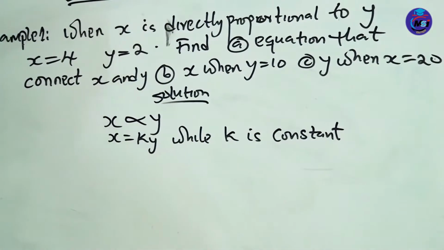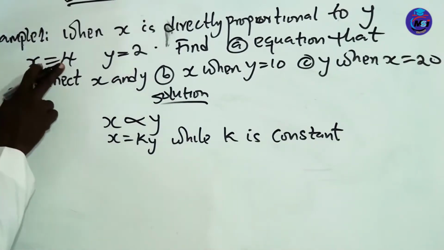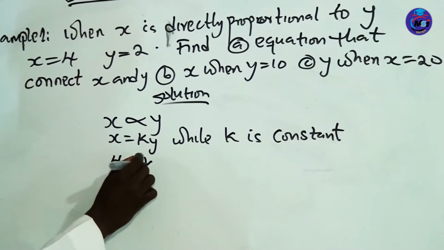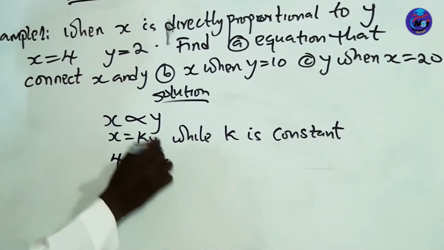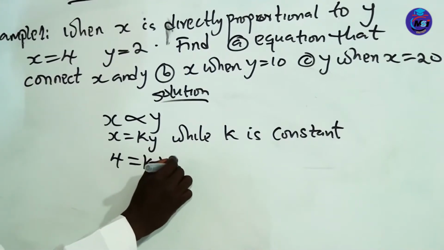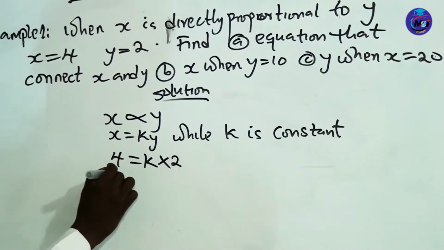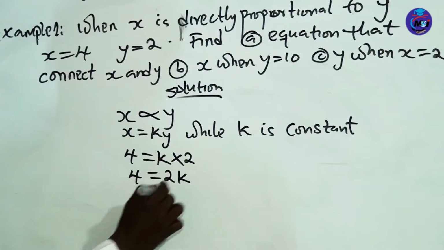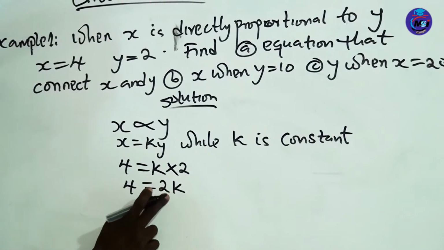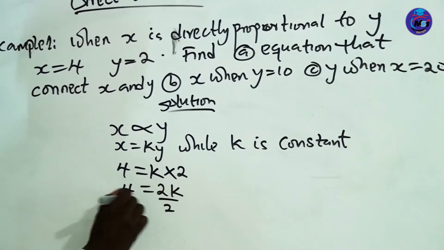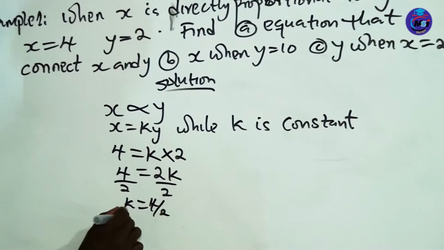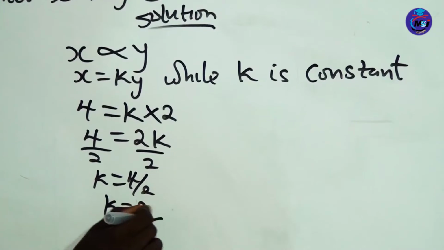Now from this question, x is given to us as 4. Put 4 here. K, we don't know it. Y is 2. So this will give us 4 equals k times 2. It gives us 2k. So you divide both sides by 2 because we have 2 here. K will give us 4 over 2. K will give us 2.